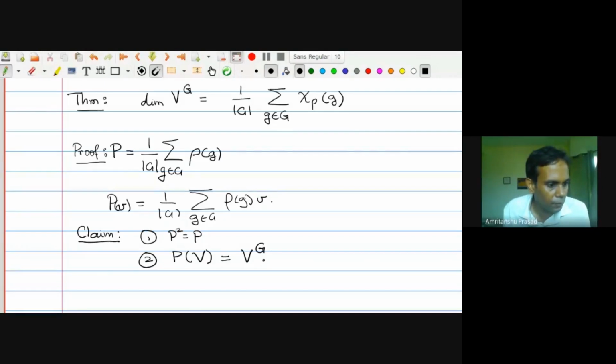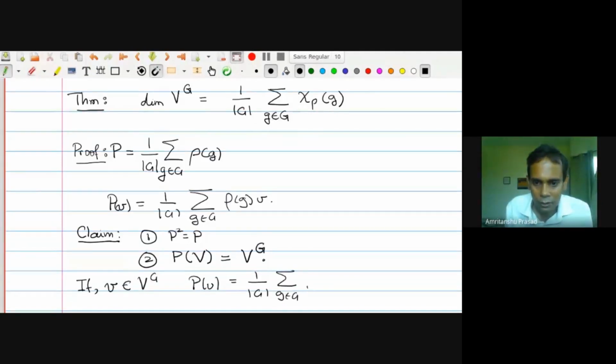Okay, so let's prove this. The main point to prove this claim is that if V is already invariant under G, then let's look at what happens. Then Pv is equal to 1 over the size of G, summation g in G rho(g)v. But saying that v is invariant under G means that rho(g)v is actually equal to v.